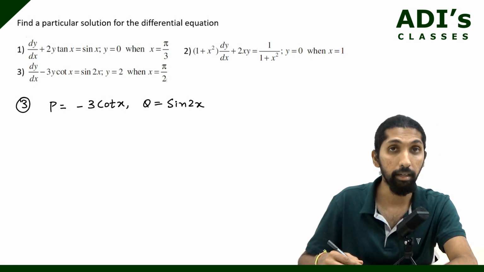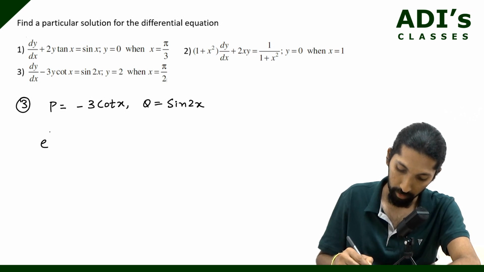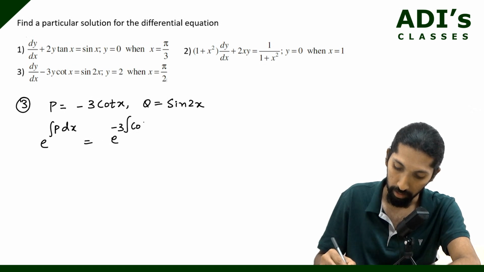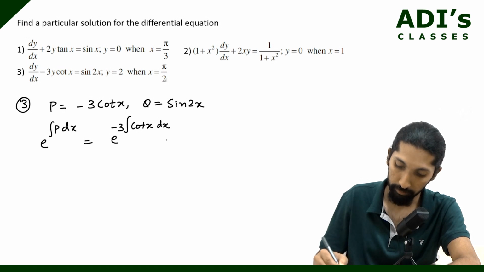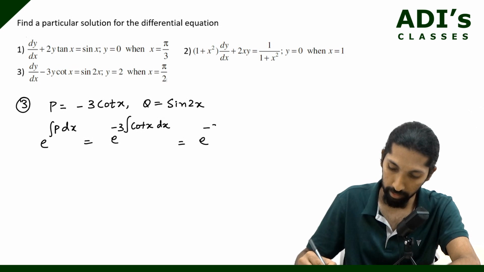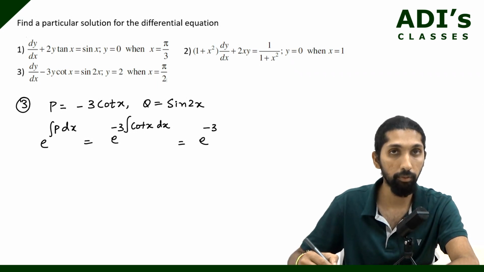Now let's do the integrating part now, integrating factor. So e to the power P dx, e power minus 3 integral of cot x dx, right? E to the power minus 3 into, see, what is integration of cot x?